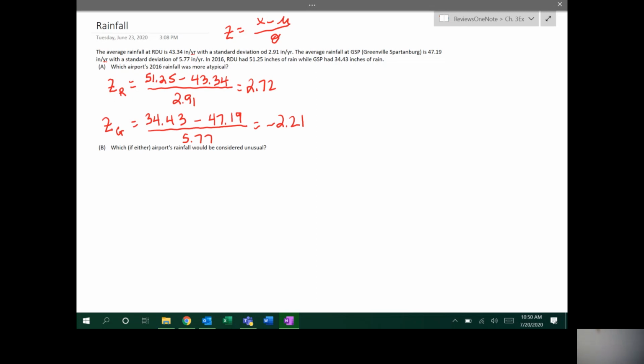In some questions, you might be looking for the higher z-score. In some questions, you might be looking for the lower z-score. But in this case, we're looking for the z-score that is further away from zero. So which airport? The answer is Raleigh-Durham.